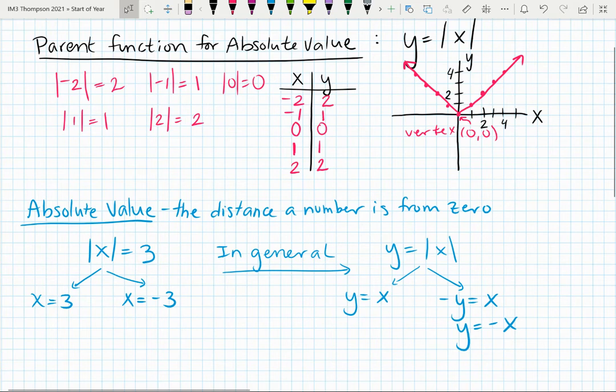And y equals negative x is the line that has a negative slope that goes down to the right. Now, in this case, we're talking about the absolute value, so we're talking about the positive right here. So I actually just get this graph here for y is equal to the absolute value of x. But they're parts of lines.